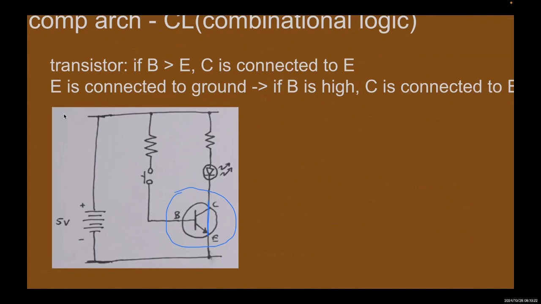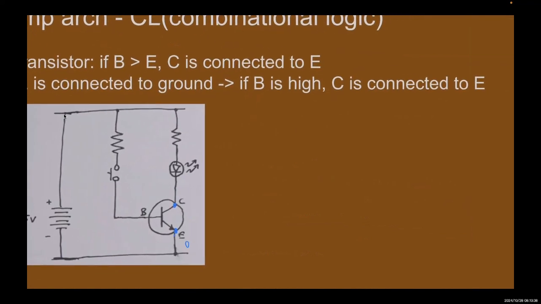So it's just a switch between C and E. And usually E is connected to the ground, which means that E is always 0.